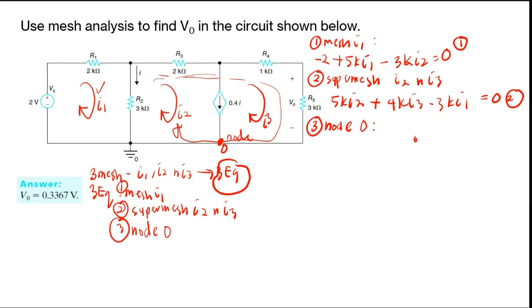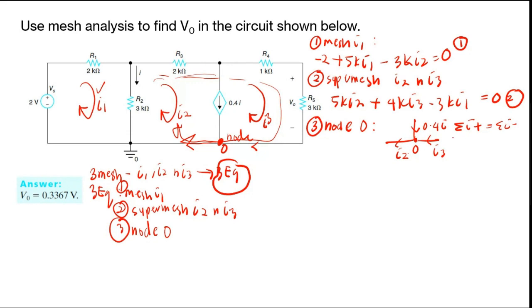This is your node 0, where you have this current direction of 0.4i, and then you also have the current coming from this I3, just put I3 here, and also the one from I2. Then from here, just equate the positive current equal to the negative current again.